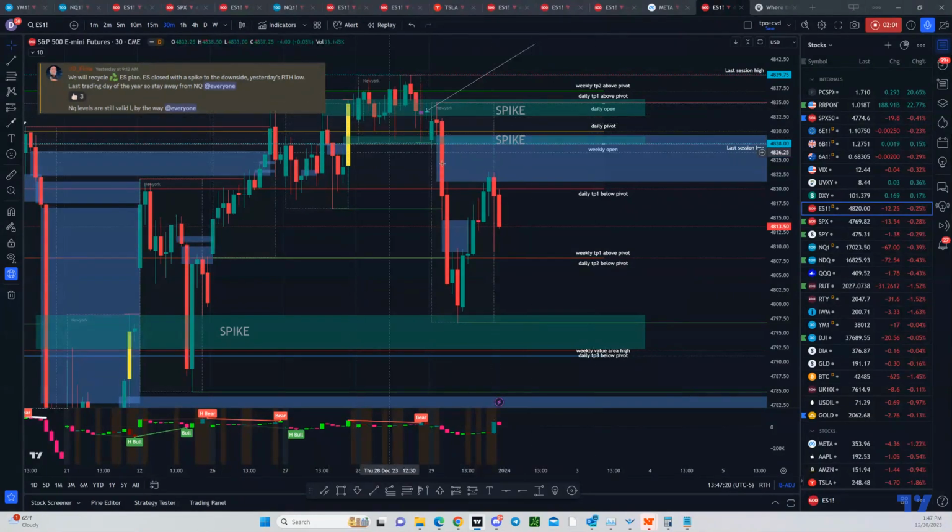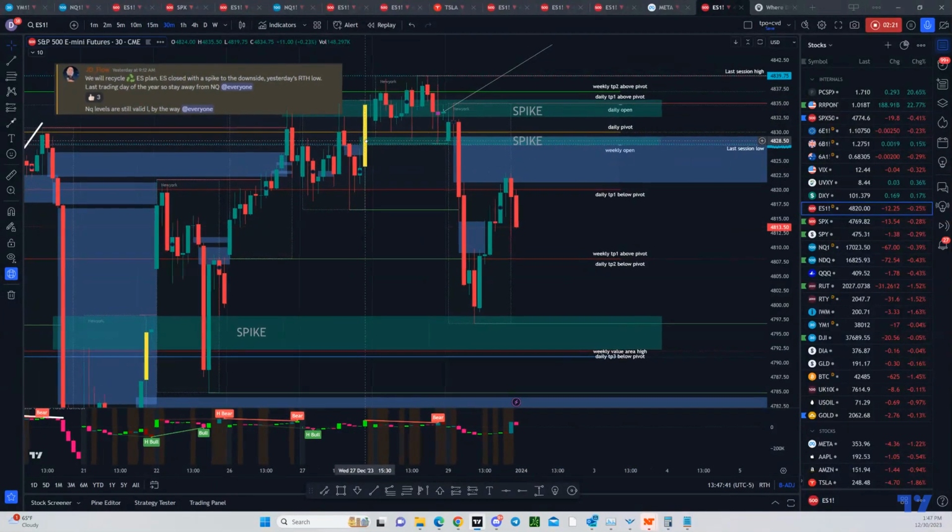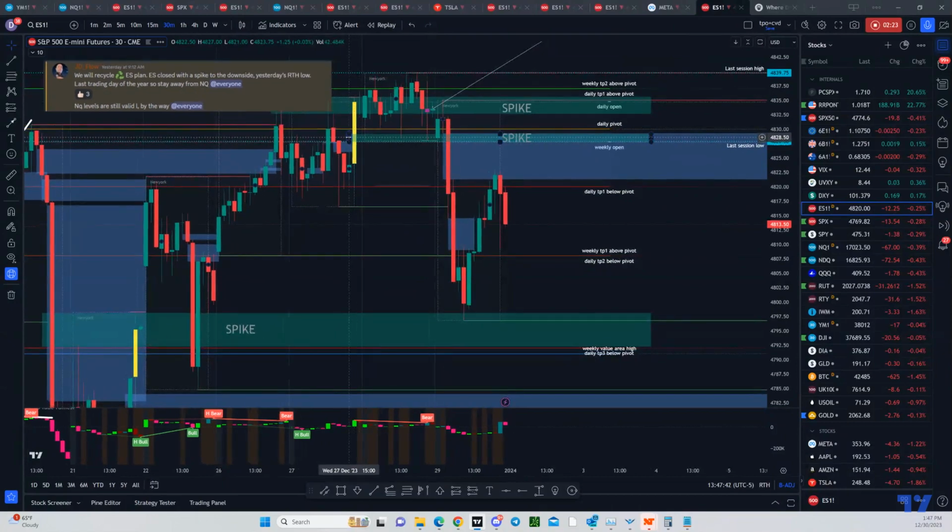So here we have the spike right here, which is this green session. My apologies, it's not the green session. This one was the next one to the other side. This was the upside spike. This little one here is the downside spike. So let me move that to here.